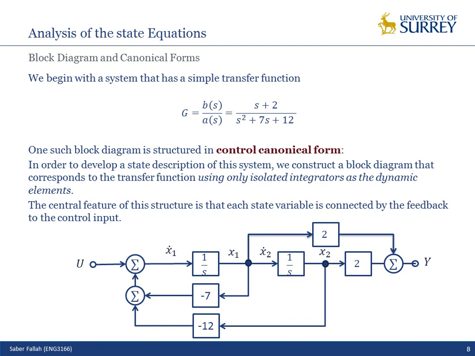Okay, everyone. I want to see if this block diagram is the correct one. Look, I want to build up this transfer function using this block diagram. Y is equal to 2x2 plus x1. And if you look here, x dot 1 is equal to minus 7x1 minus 12x2 plus u.